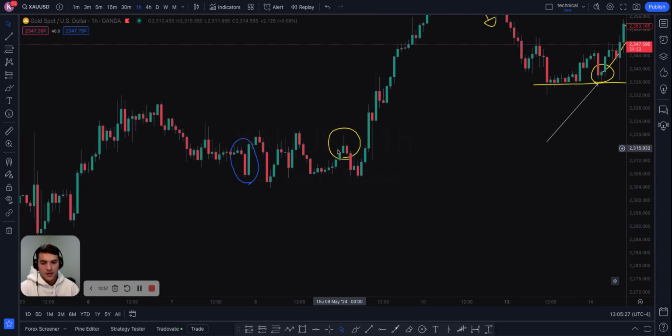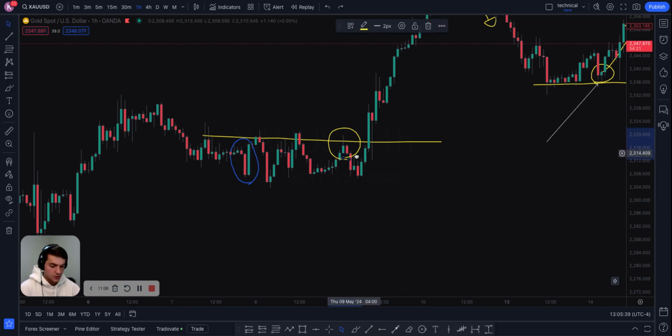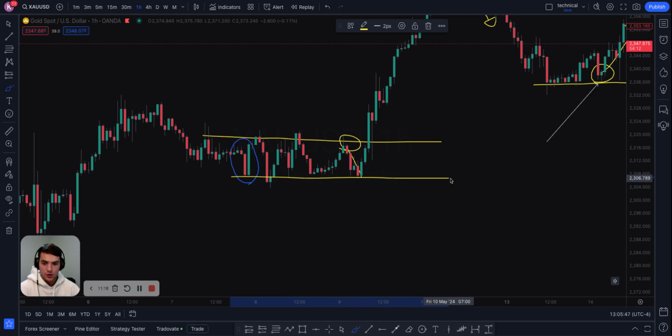All right, and this is where you start to pay attention. Again, you have basically not so strong a resistance here, but you have a doji, right? You have this doji, and price just reverses, pulls down, but you also have a level of support.